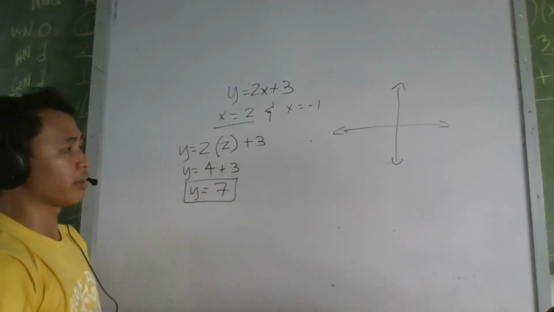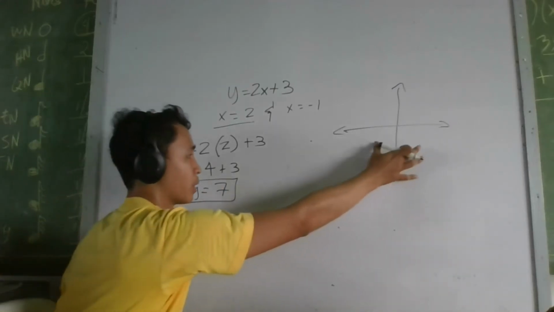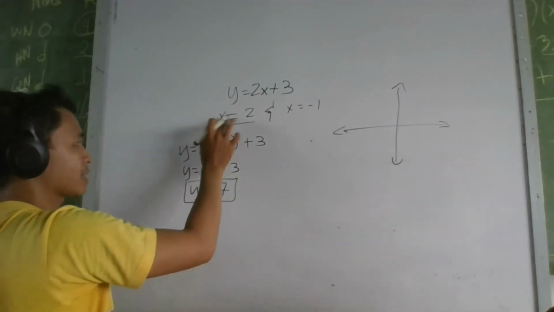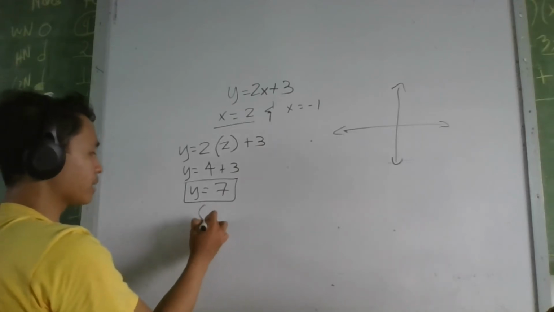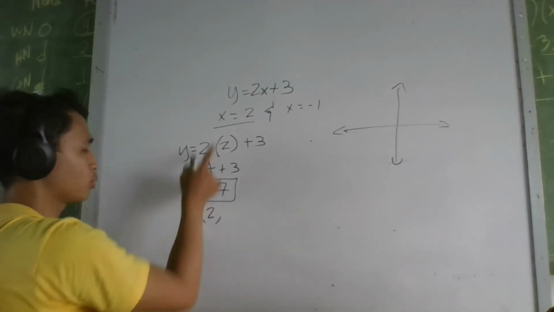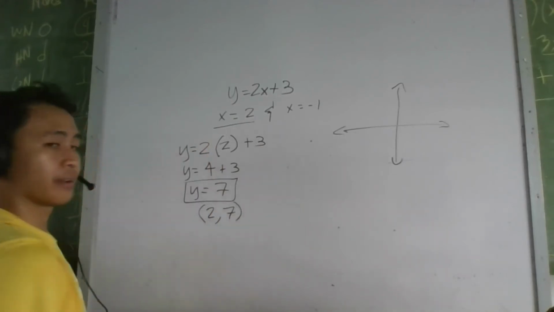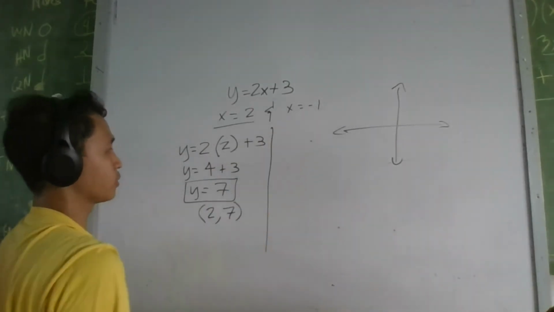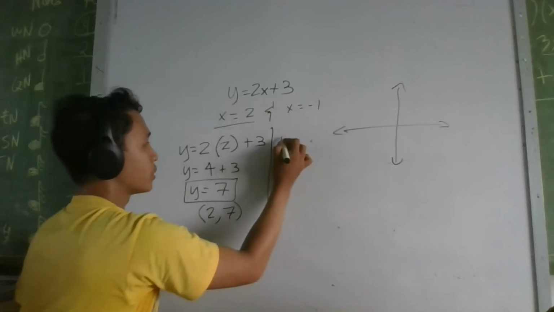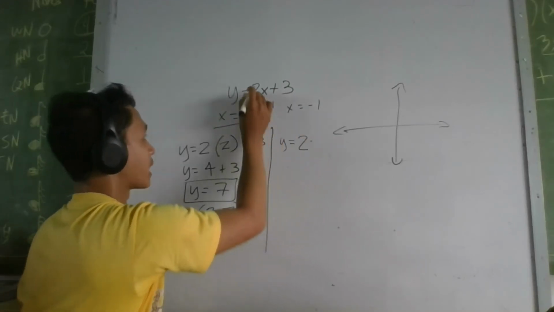However, we are going to apply this in our Cartesian plane. That means if x is equal to 2, y equals 7. In ordered pair, that is 2, kasi x yung 2, then 7. Right? Take note of that one. Next is if yung x equals negative 1. Same equation. Y equals 2 times yung x.